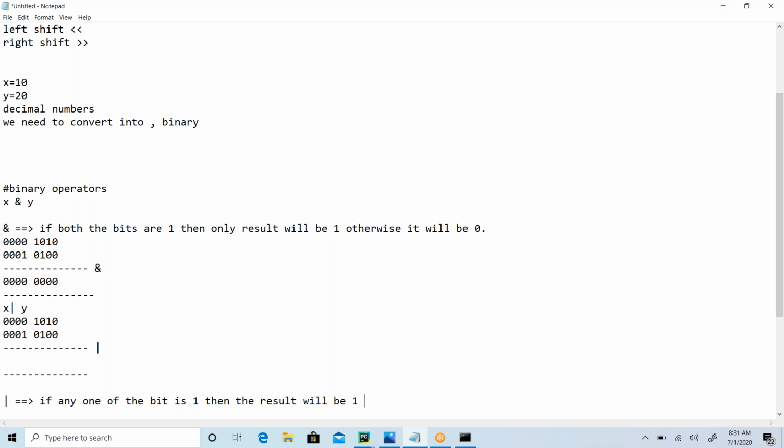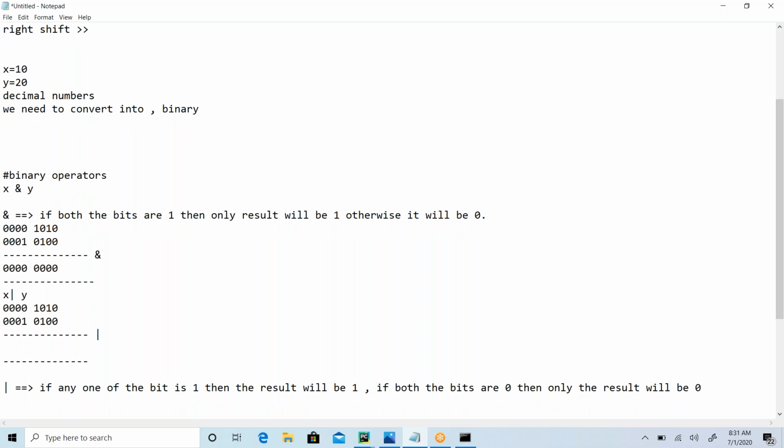And if both the bits are 0, then only the result will be 0.